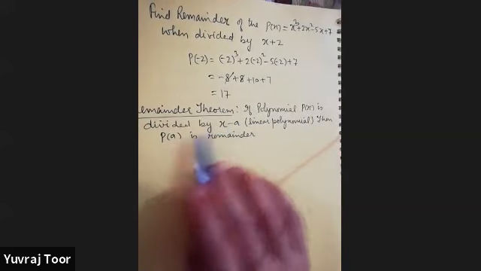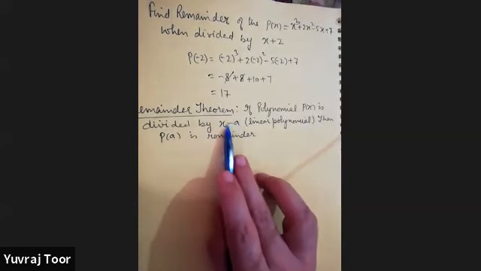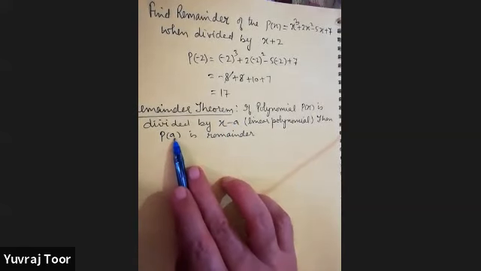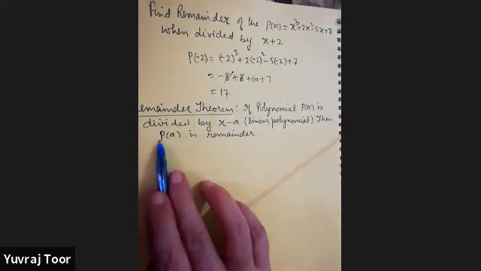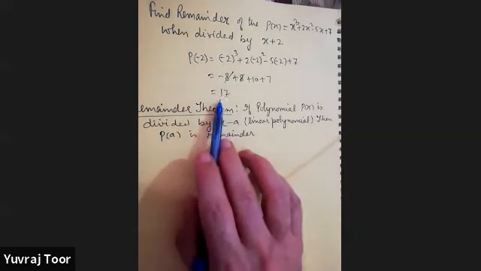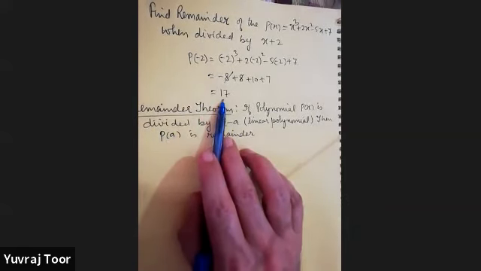You have to simply put the negative value of the thing over here. Minus a, negative of minus a is a. Put that value. p(a) is what? The value of the polynomial. Whatever the value of the polynomial is going to be, that will be the remainder.